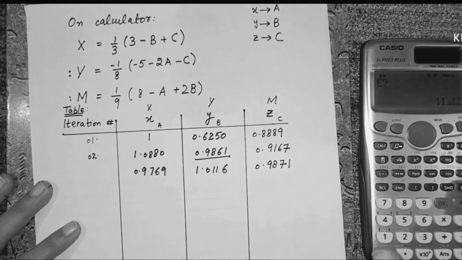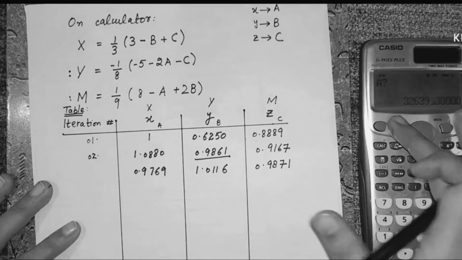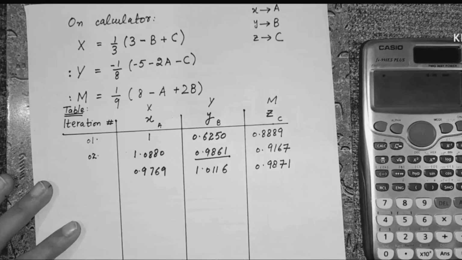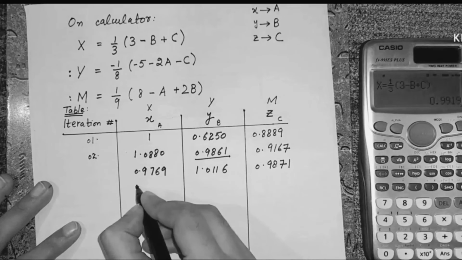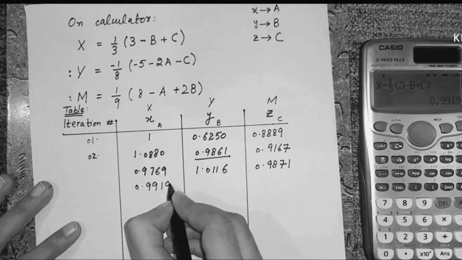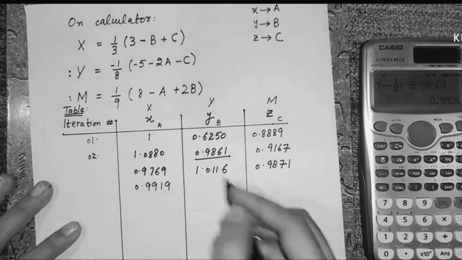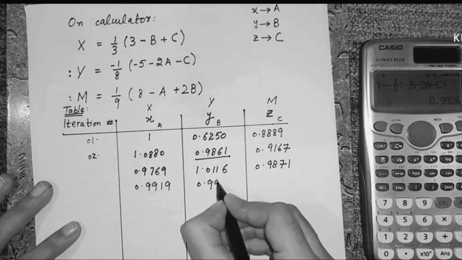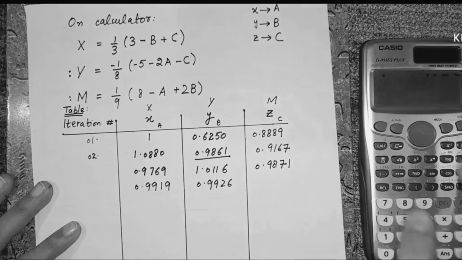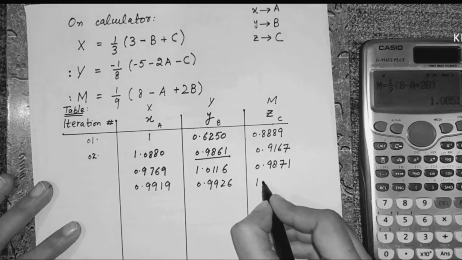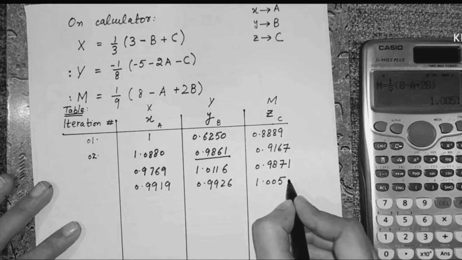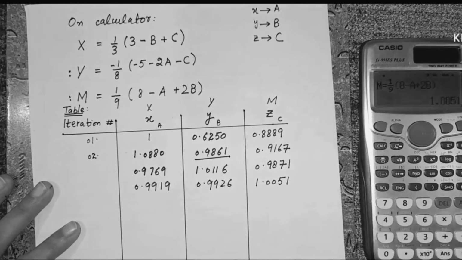Press equal to, c in m, and the value of a in x. Press equal. Here is our value, 0.9919, 0.9926, and m 1.0051. It may seem a bit complicated for you the first time, but if you really try it, it will be really easy for you.